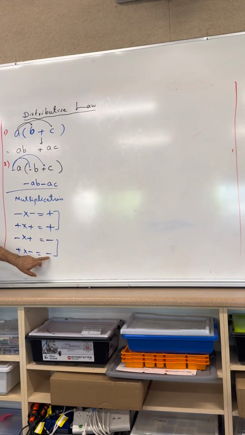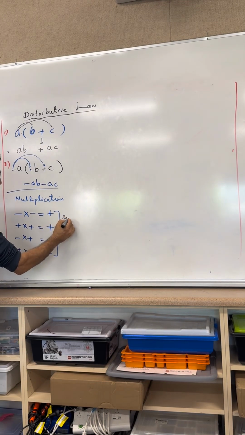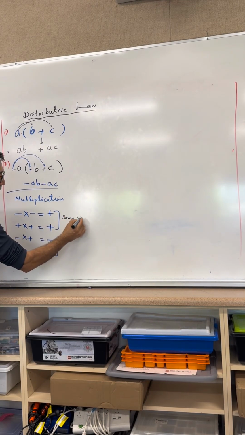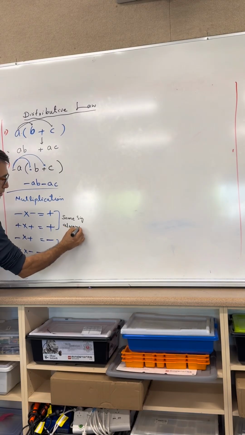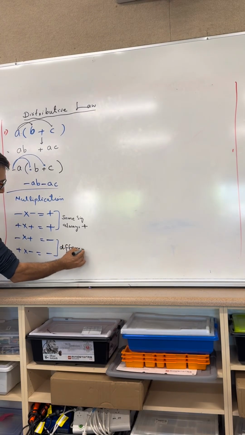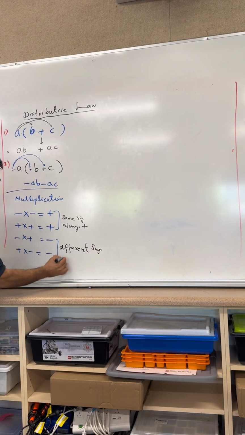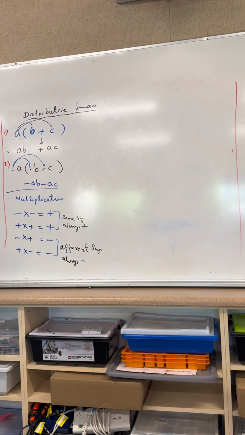See the negative sign? So the rule is: same sign, always positive, and different signs when you multiply them always give you negative.